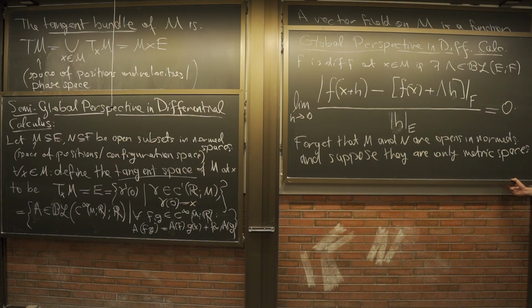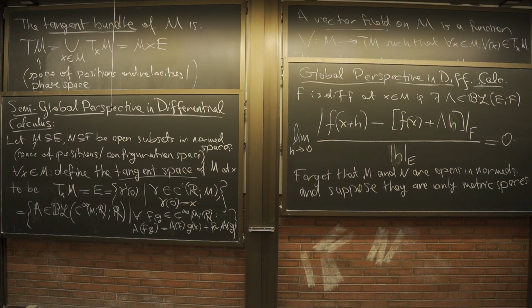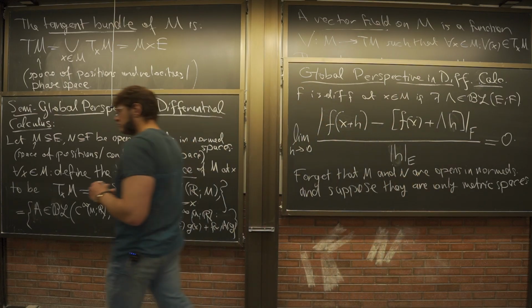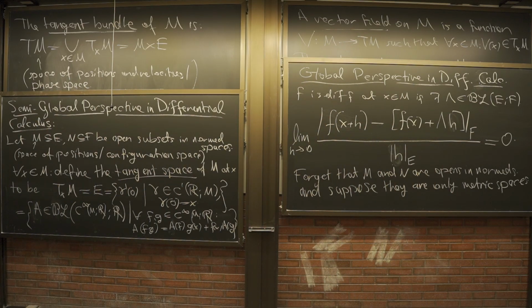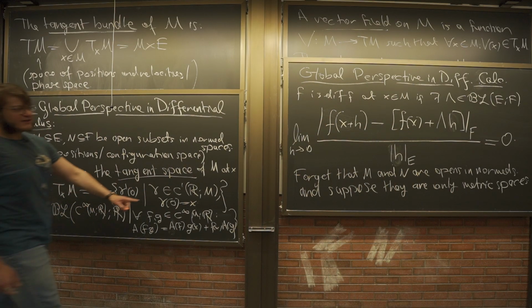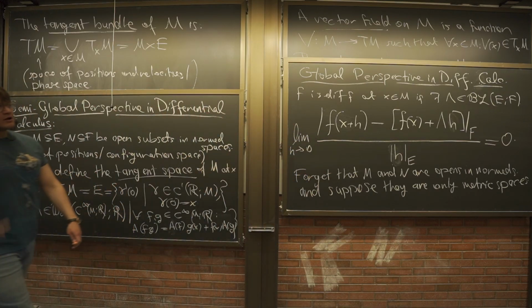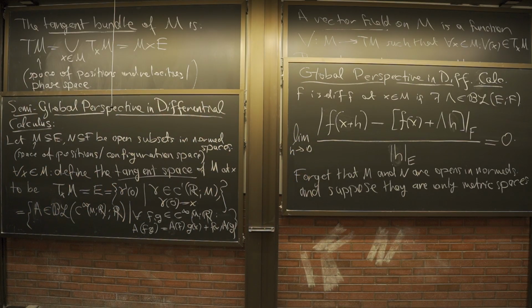But some things in this expression now break down. Now I should ask you, if I relax my assumptions on M and N in this expression, what are now suspicious? What symbols?